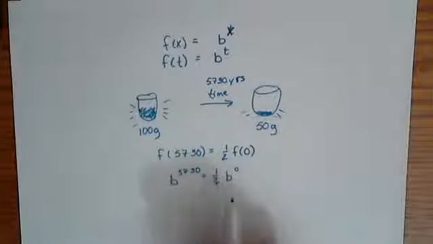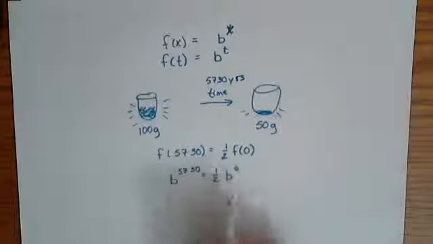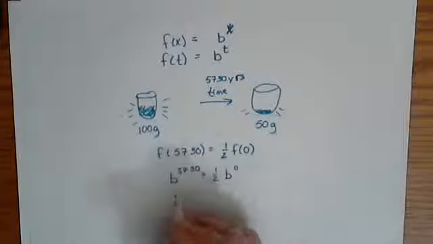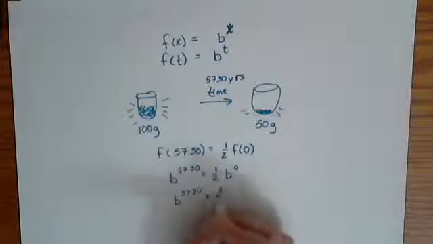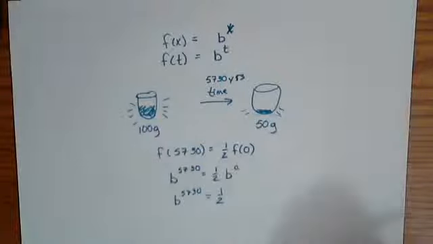Okay, so if that's the case, do I know what anything to the 0 power is? Sure do. I know that anything to the 0 power is just 1. So b to the 5,730 has to equal 1/2. So how do we solve that? Well, we have to figure out what b is.